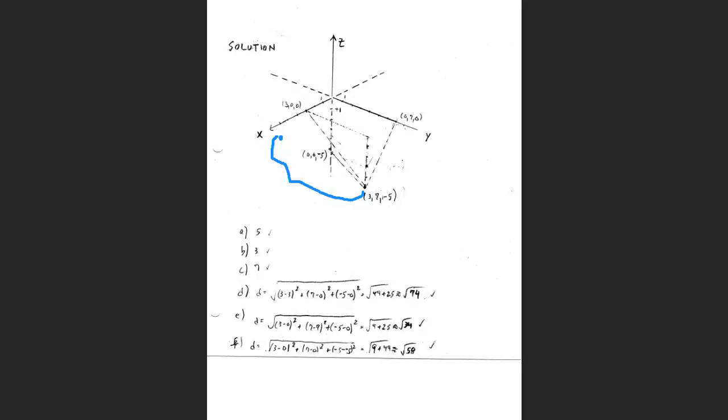So you see, IB, for part C in this problem, you want the distance from the point (3, 7, -5) to the XZ plane.